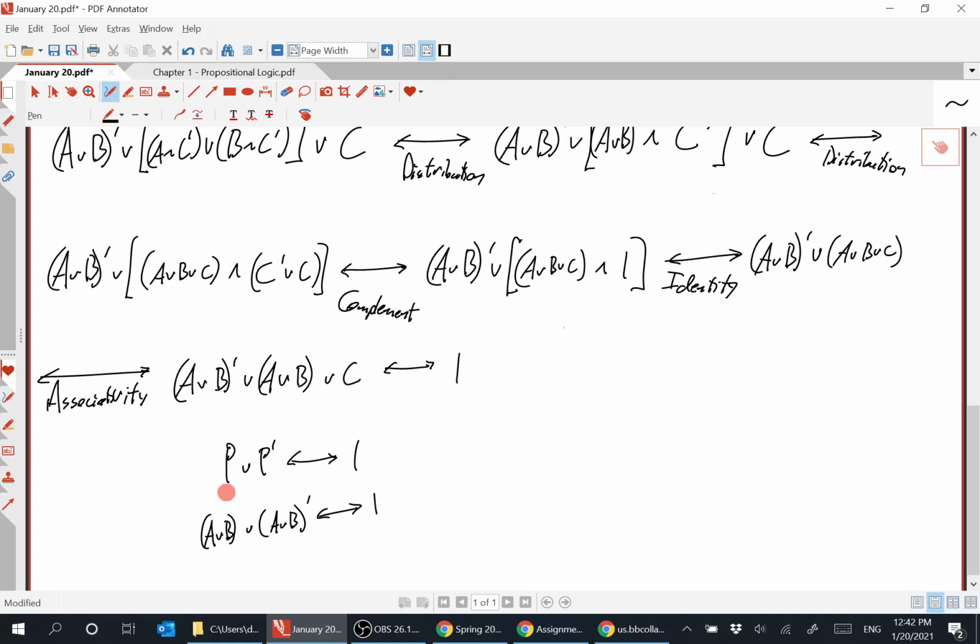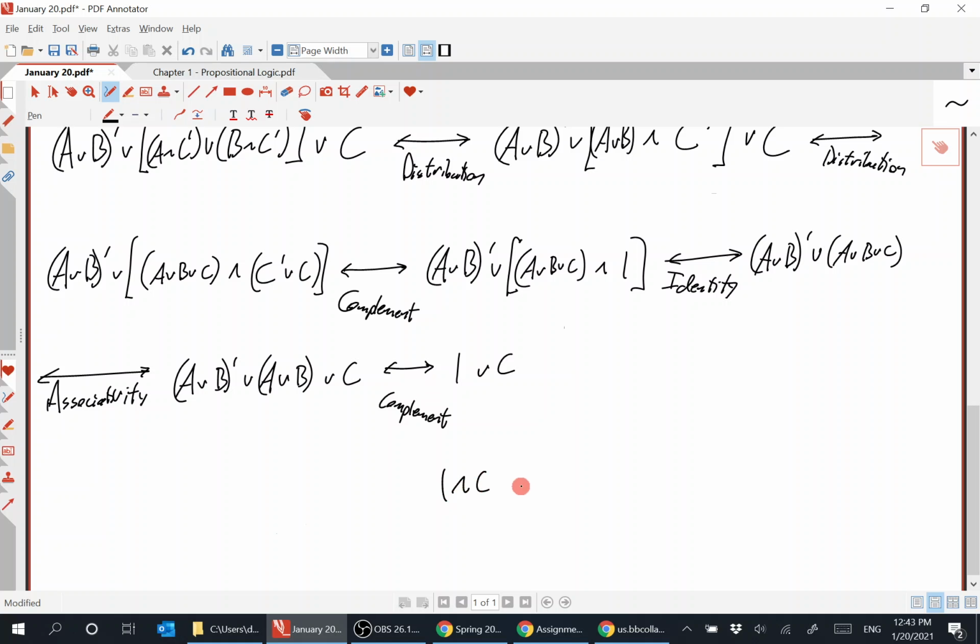We're thinking of P as A or B, so this is P, this is P not. All right, so this is 1 or C. That was complement again. And then 1 or C is logically equivalent to what? 1.